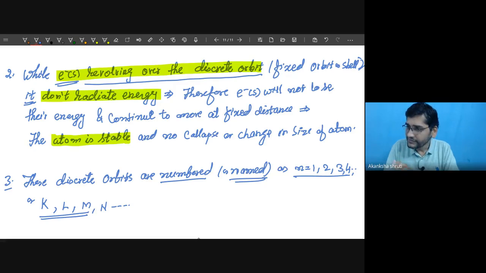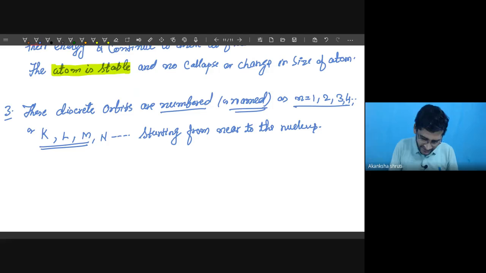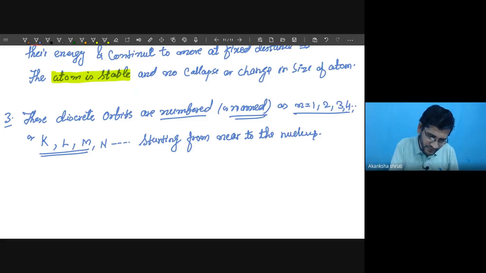starting from near to the nucleus. Do you understand, student? This means if we are considering an atom of this much size, let me consider this as the nucleus, and the atom of this much size.